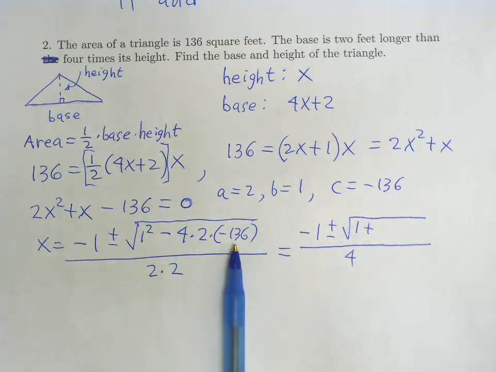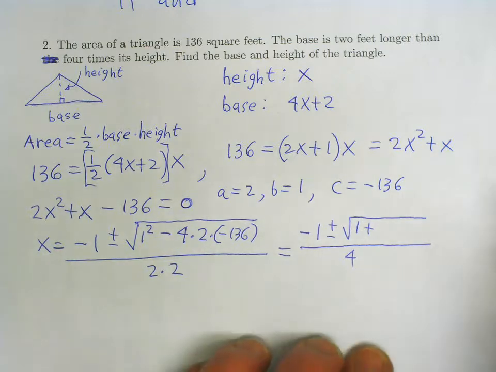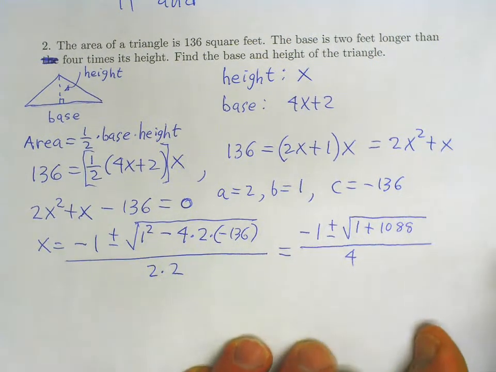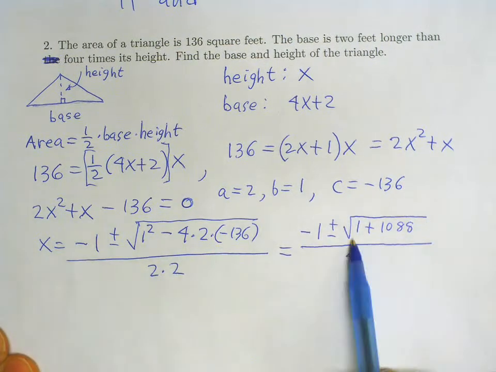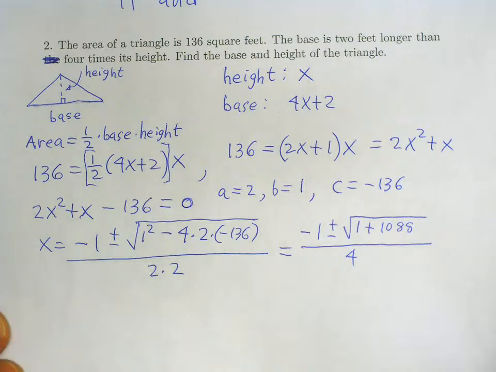Okay, so that's, let's see, 8 times 100 is 800, plus 240, and then plus 48. So it's 1 plus 1088. And then 1 plus 1088 is 1089.